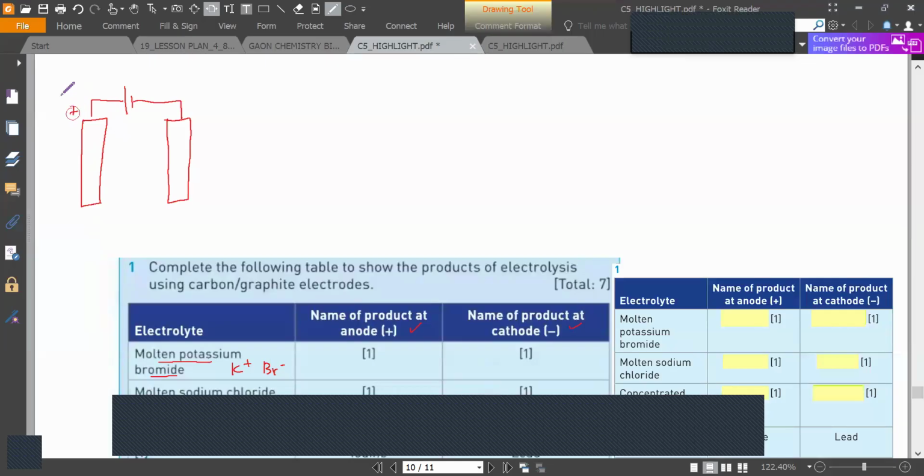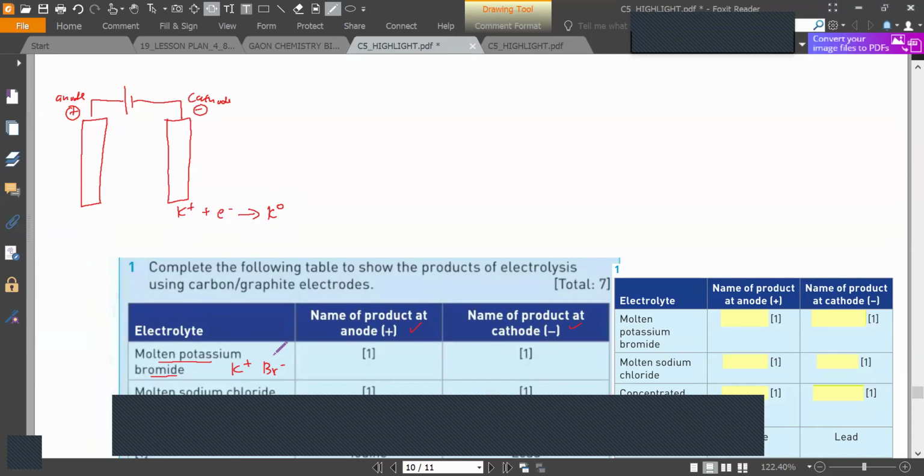Positive anode, negative cathode. The potassium, a positive ion, will come here, receive 1 electron, and be reduced to potassium metal.